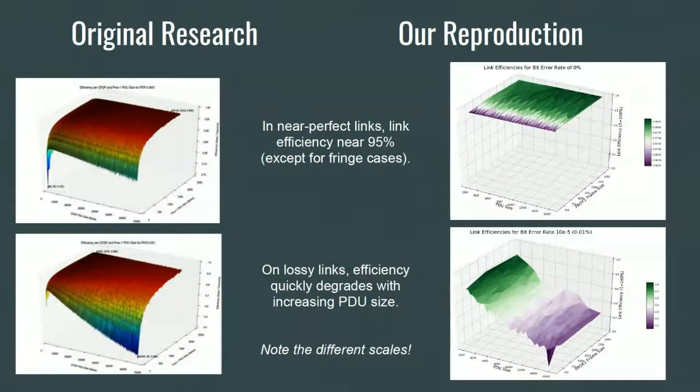So the top two consider a link where there was pretty much no bit errors. And so this is a plot of efficiency as a function of packet size on this axis and frame size on this axis.